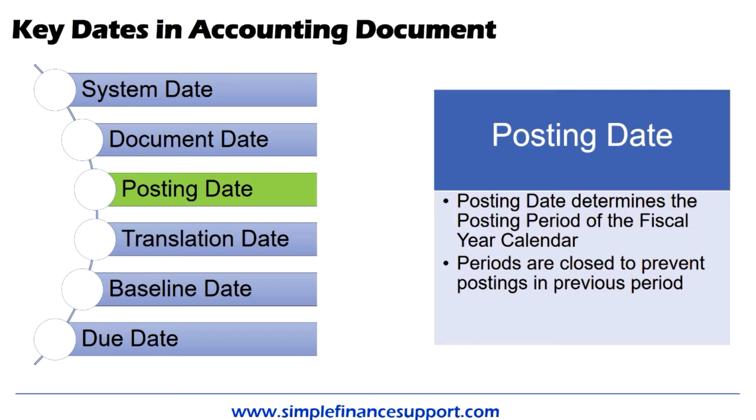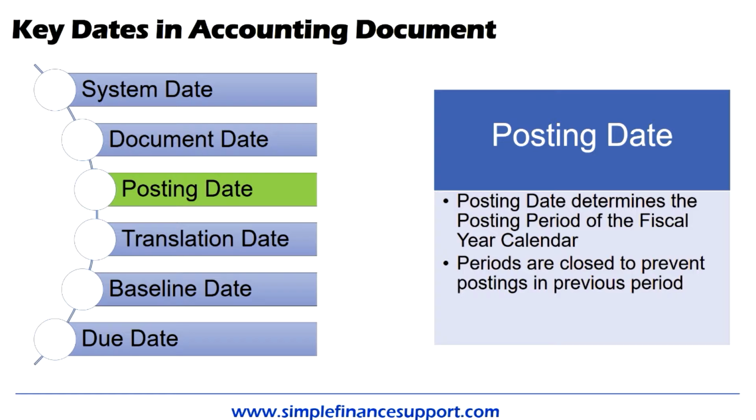So typically your financial closing is monitored by this date, and the previous periods are closed so that you cannot pick a previous period posting date. And also future periods, you cannot post if the periods are closed. So the posting date typically lies within the open period, typically the current period itself.